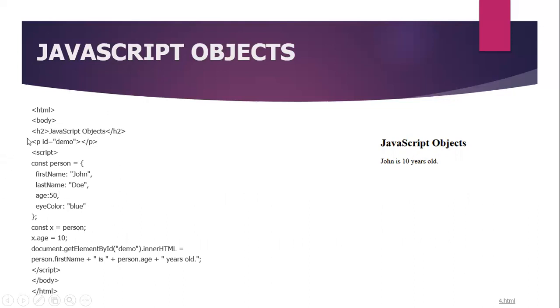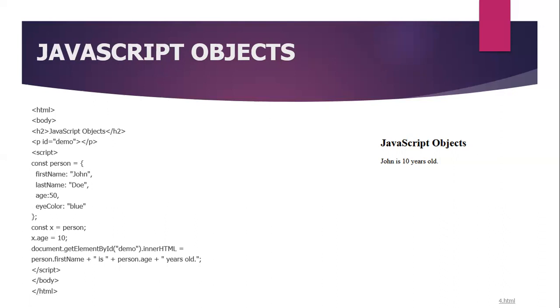This is an example for referencing object literals. So const person is equal to firstName John, lastName Doe, age 50, eyeColor blue. Next, I am giving x is equal to person. So the person values, first name, last name, age, eye color, will be saved under x also. Then x.age, I'm changing the age to 10. Initially the age value will be 50 as per person.